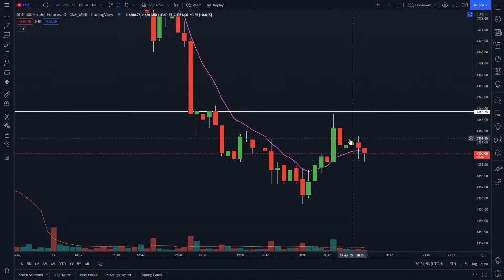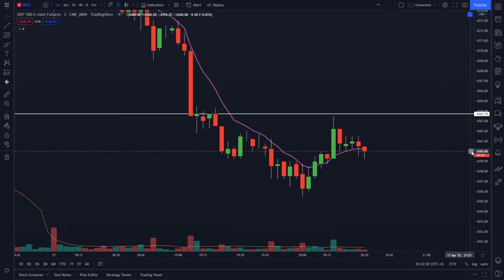Does that make sense? It has to do with the price action pushing over. If we're going to go green, red, green, you got to make sure that price action is pushing over. Okay, cool. That makes sense. Good.